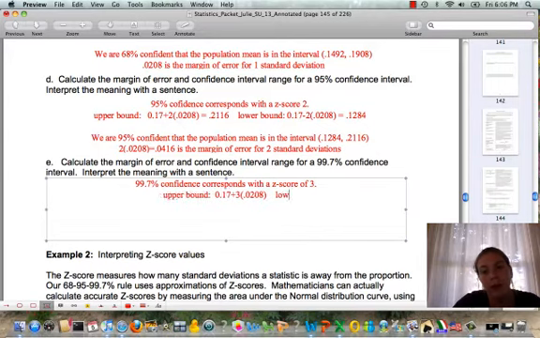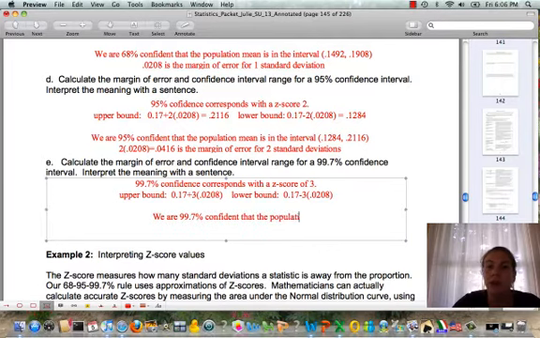And our lower bound is going to be 0.17 subtract 3 times 0.0208. And so now we can say that we are 99.7% confident that the population mean is in the interval.